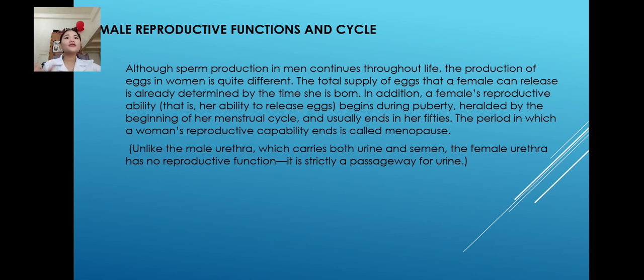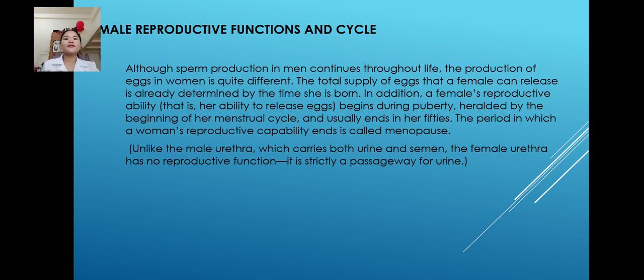In addition, a female's reproductive ability, that is, her ability to release eggs, begins during puberty, heralded by the beginning of her menstrual cycle, and usually ends in her 50s. The period in which a woman's reproductive capability ends is called menopause.